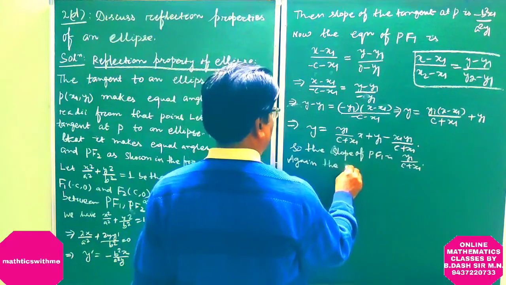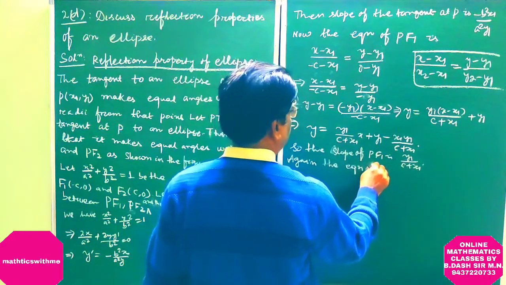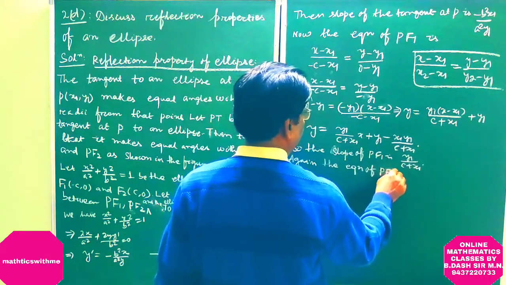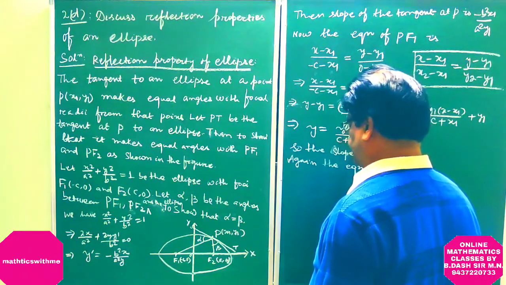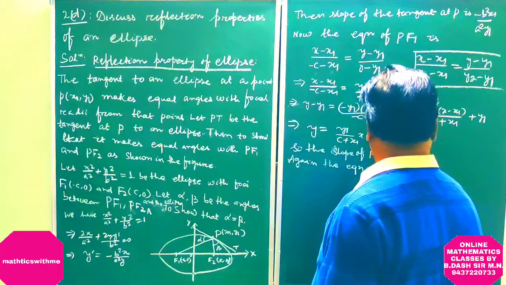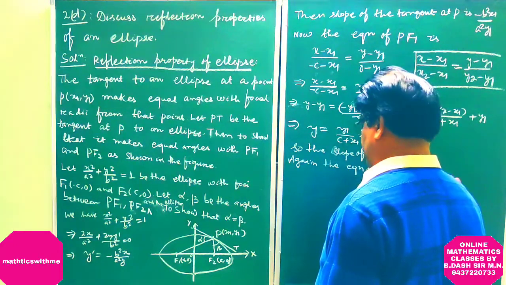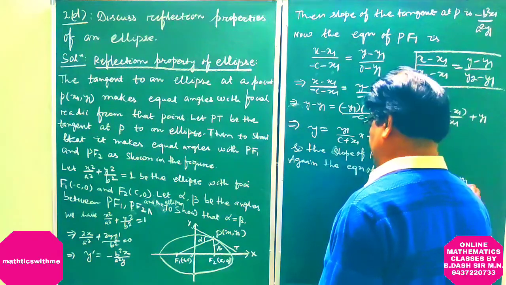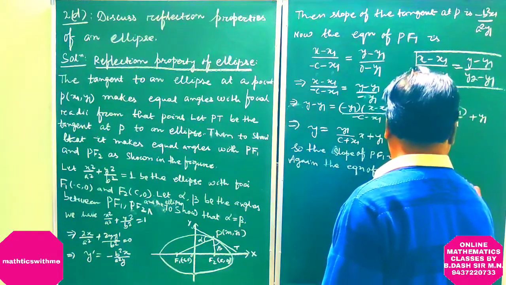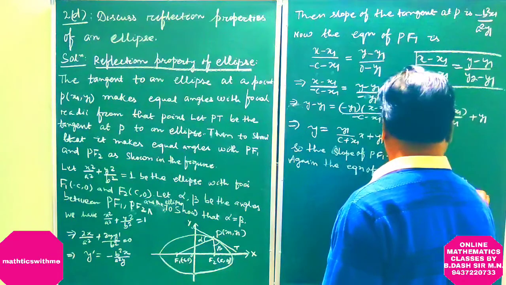Again, the equation of PF2 is (x − x1)/(c − x1) = (y − y1)/(0 − y1).